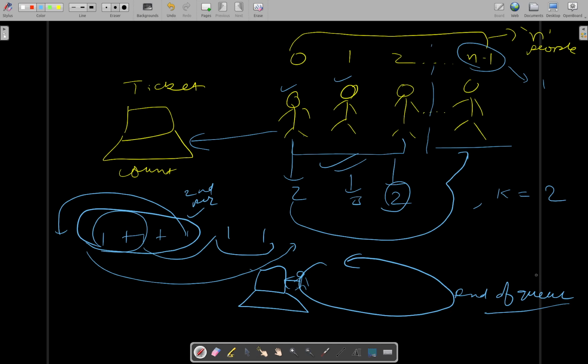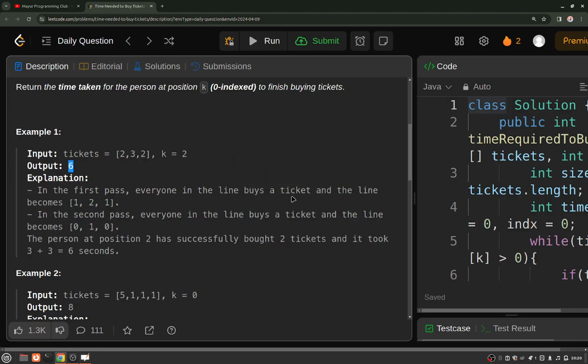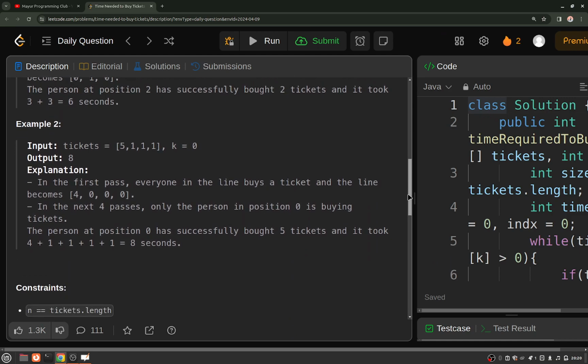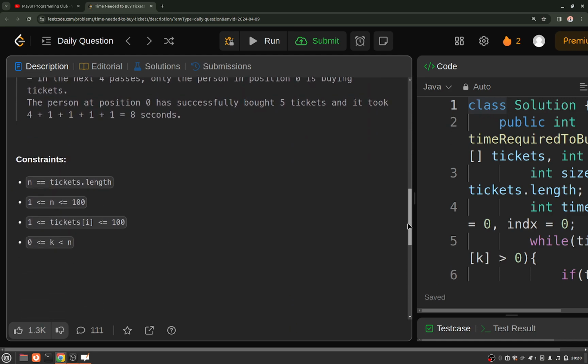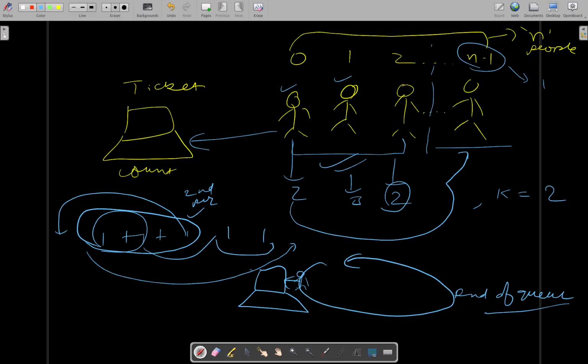So the very first approach that comes into my mind is to try to run a simulation, since the constraints here are pretty low, and an n square solution would not give us any kind of TLE, because even if we go with an n square solution, that would result in 10 raised to power 2 squared, so 10 raised to power 4 order of operations.